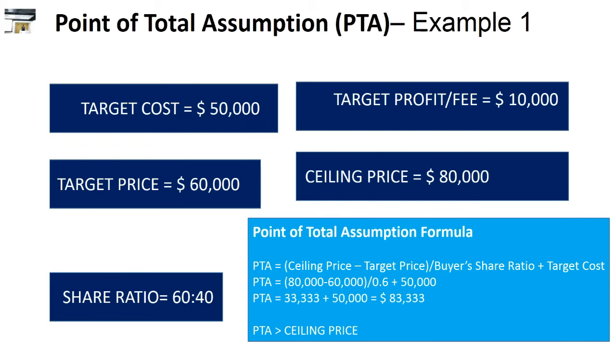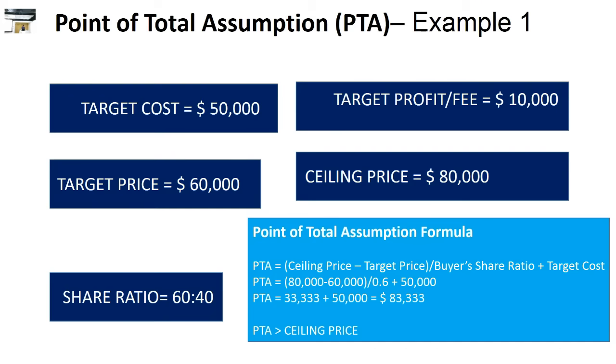Target profit or the target fee is paid if the target cost is equal to the actual cost. The target price is equal to $60,000. Target price will be equal to target cost plus the target fee. The ceiling price is $80,000.